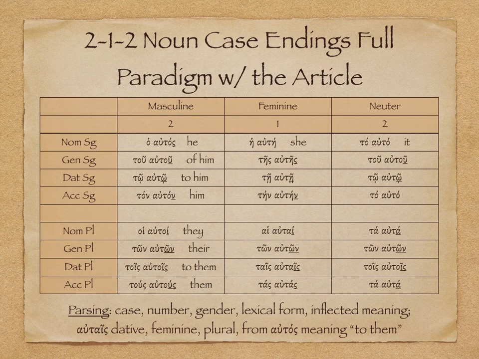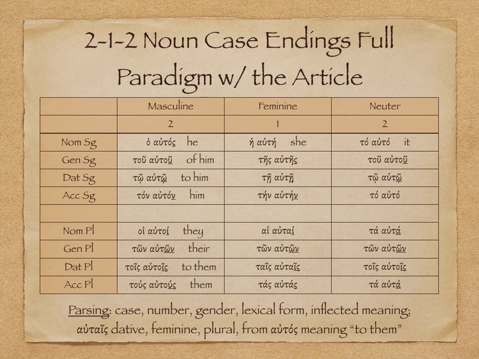We begin to see the noun rules here, or how these noun patterns surface regularly. The genitive and dative, singular and plural, are identical in masculine and neuter. The neuter nominative and accusative, singular and plural, are identical. Just a couple of the noun rules or patterns that stand out and should grab us immediately.